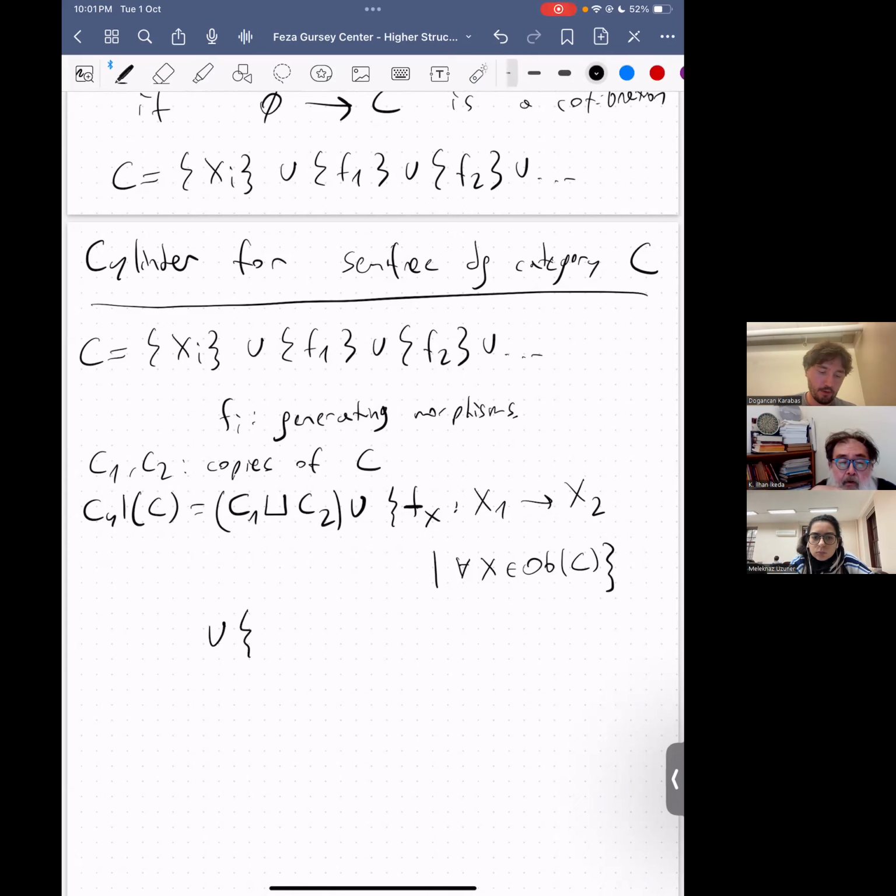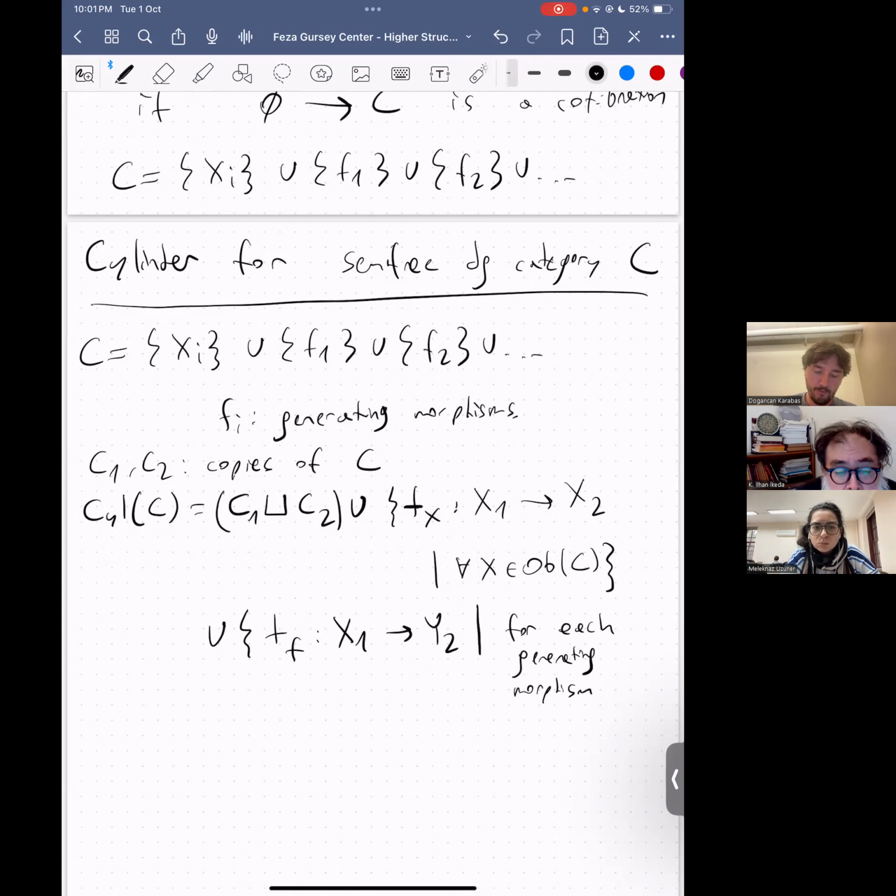And I add Tf from x1 to y2 for each generating morphism f from x to y in C. So C has generating morphisms, as I told you, f1, f2, f3.